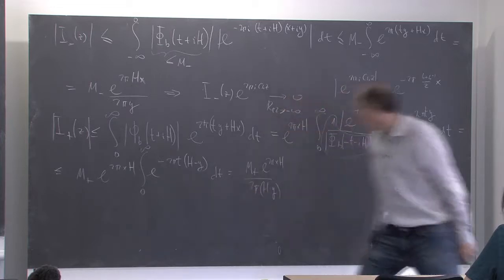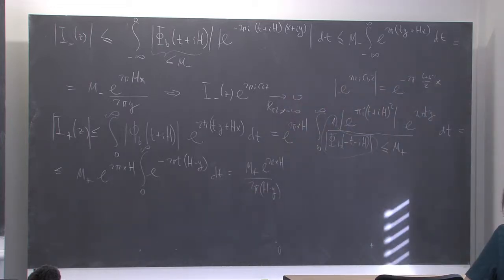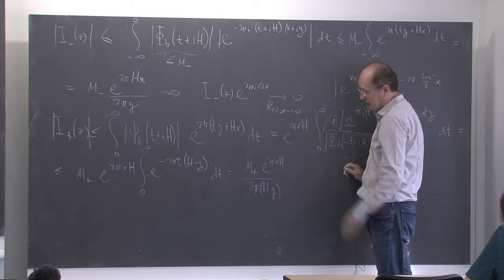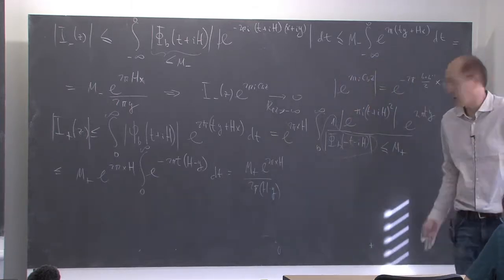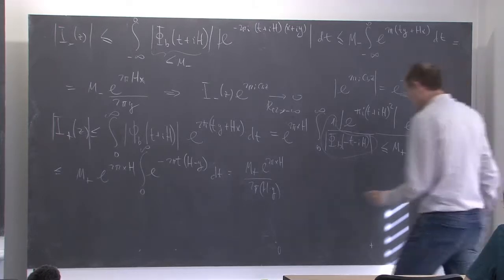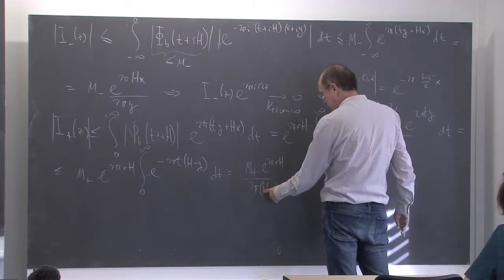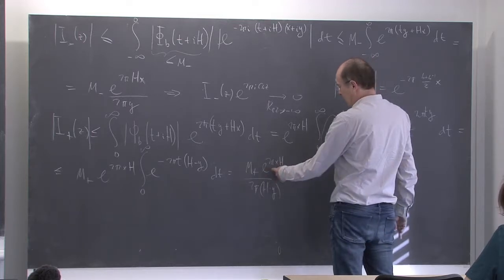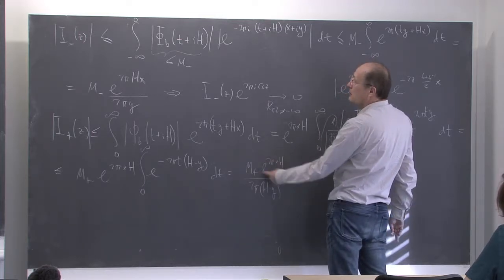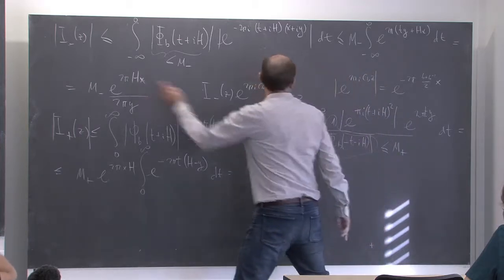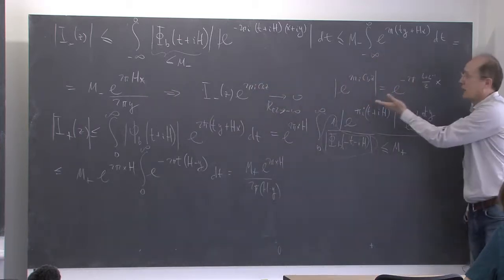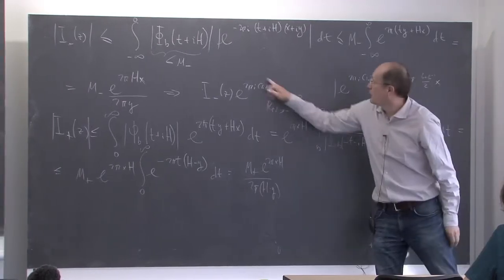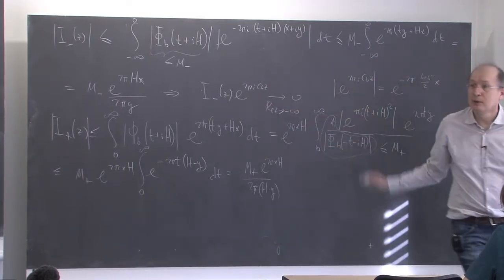So that's a result of integration. And then remember that the denominator is fixed, so we go just along the line with fixed y. h is strictly bigger than the upper bound of y. And we have the same damping exponential factor, so it eats up growing exponential factor coming from there.